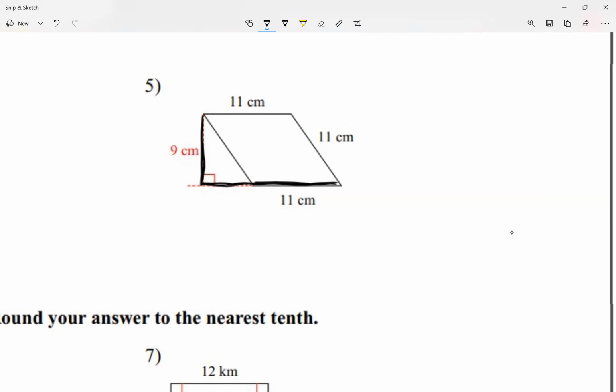So that's what I have to multiply. Like I said, I'm looking at the 90-degree angle, and I'm looking at the two numbers that meet at that corner, 9 and 11. So I have to go 9 times 11, in this case, 99. Only multiply the two numbers that meet at the 90-degree corner.